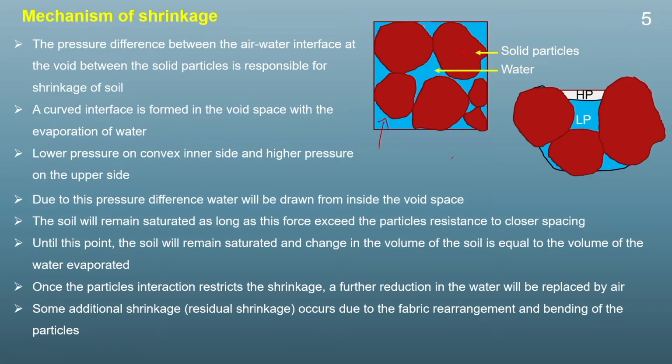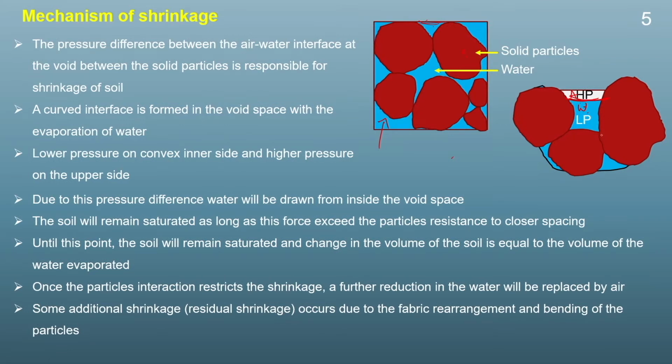So, when we dry the soil sample, an air and water interface will be developed, like you can see in this diagram. When we keep on drying the soil, we have air here and water here, and an air water interface will form.